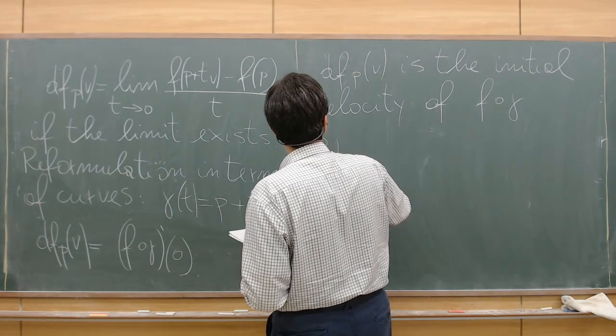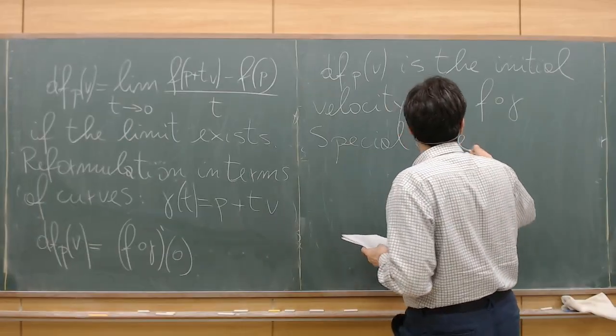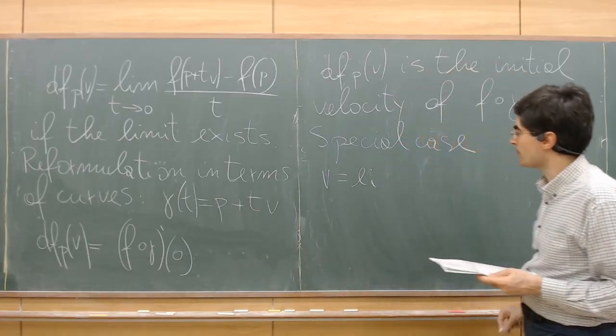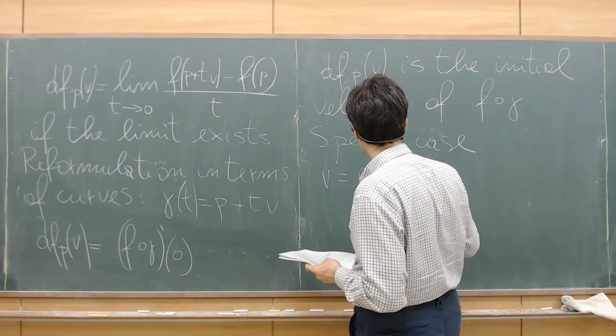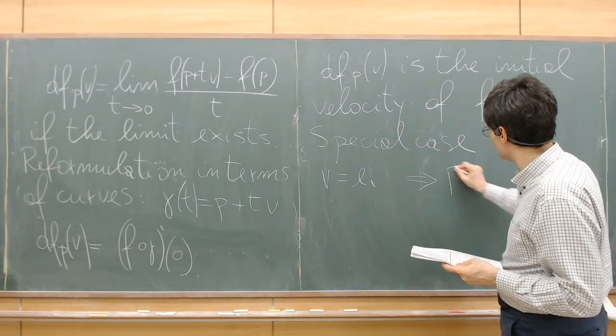Of course, if we take v equal to e_i, then the directional derivative gives us the partial derivative.